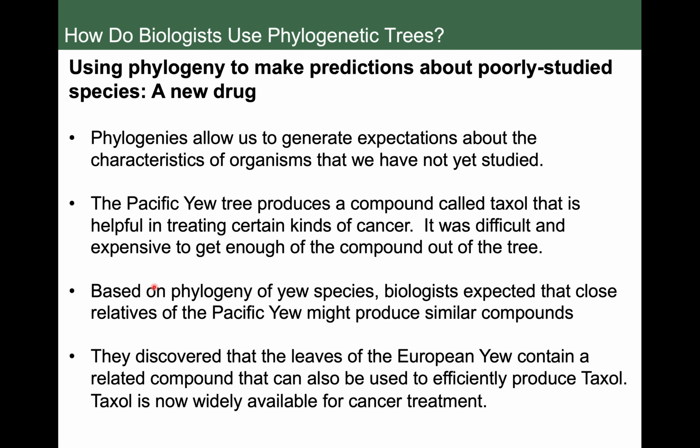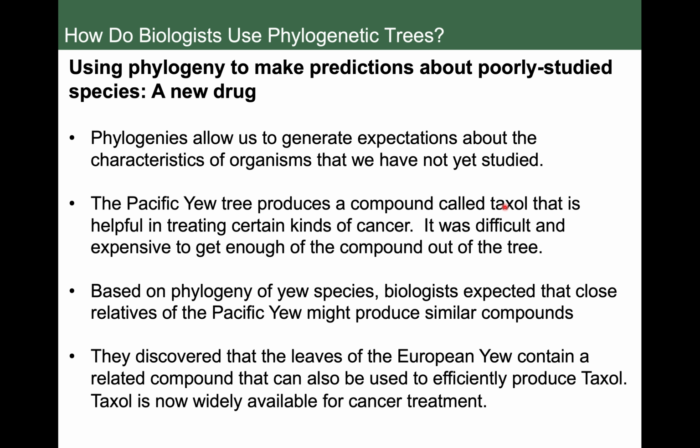pretty poorly studied species. So this particular example deals with the commonly used chemotherapy drug called Taxol, which was originally produced from this tree called the Pacific yew tree. Taxol is a drug that disrupts the mitotic spindle.